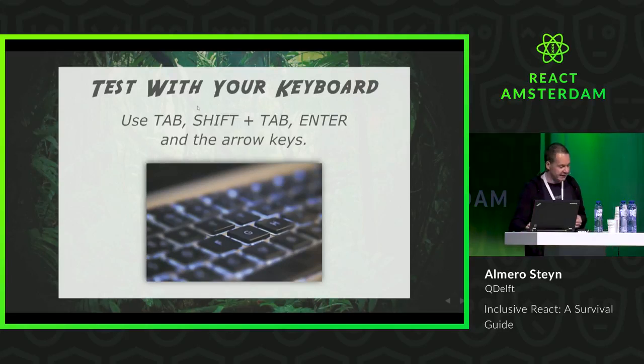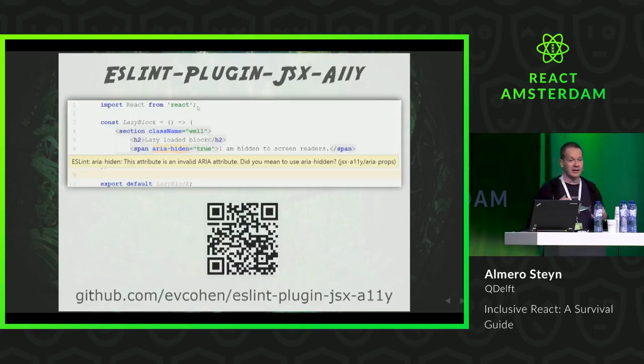So consider fixing this. Then we've got, as React developers, something like ESLint plugin JSX A11Y. And A11Y is just short for accessibility. And this is a plugin for ESLint that extends the rule set of ESLint by about 30 accessibility rules that will check your JSX if you're doing something that will later on impede the accessibility of your application.